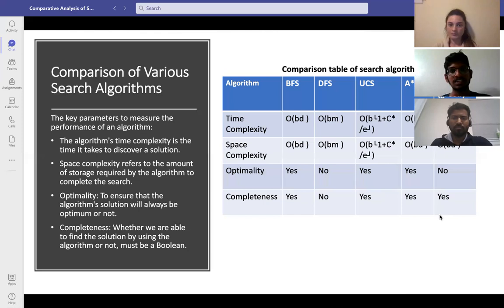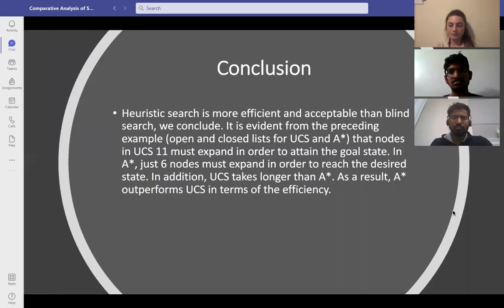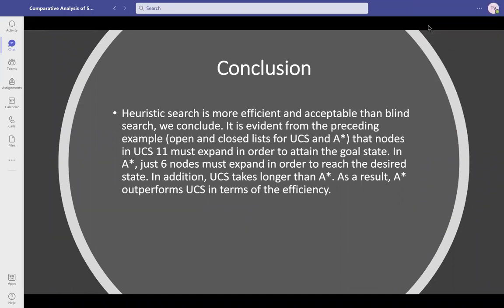After carefully analyzing this paper, we come to the conclusion that heuristic search is mostly efficient when we compare it with uninformed searches or blind searches.